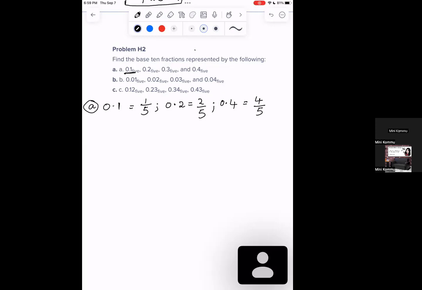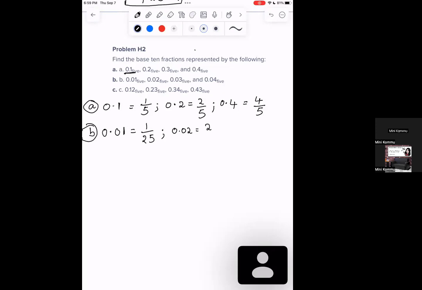Got it? Now the next problem. Again, you can just look at the problem and you'll know, right? Now, there is 1 in which place? This one is there in 1 over 25th place. So this will be equal to 1 over 25. All right. And then 0.02. 2 is again in the 1 over 25th place, or 5 to the power of -2 place.